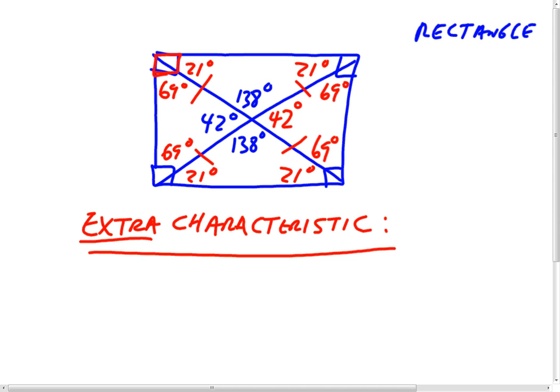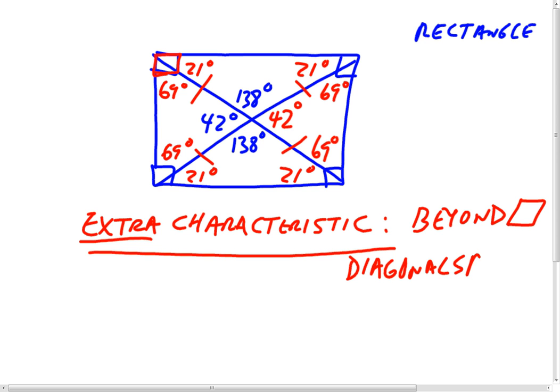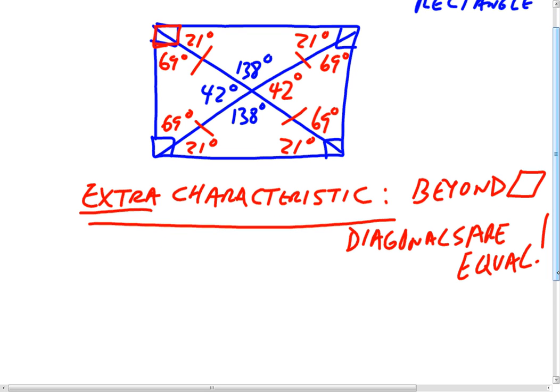So, extra characteristic beyond parallelogram, diagonals are equal. I'm going to refer to that term, extra characteristic. What's the extra characteristic of a rectangle? Diagonals are equal.